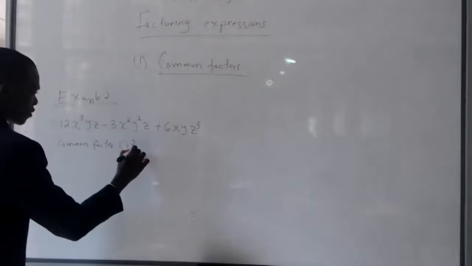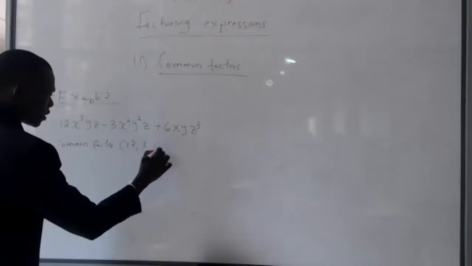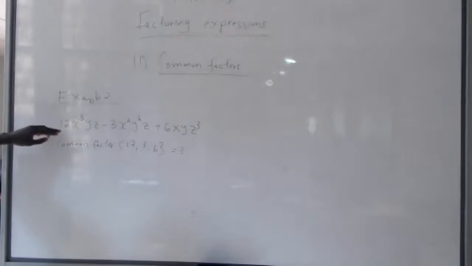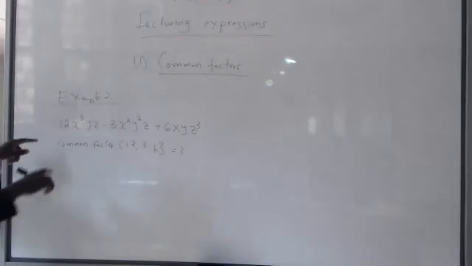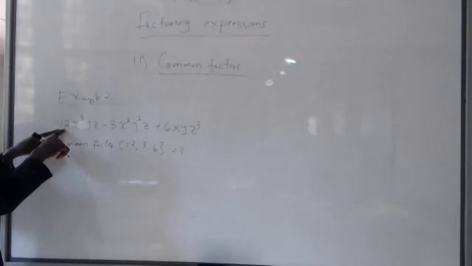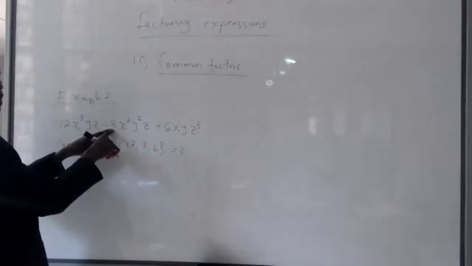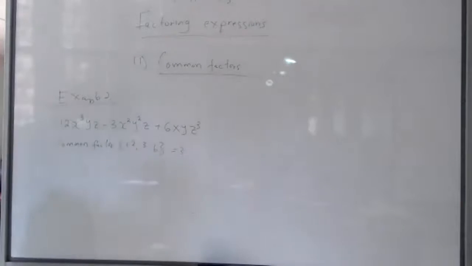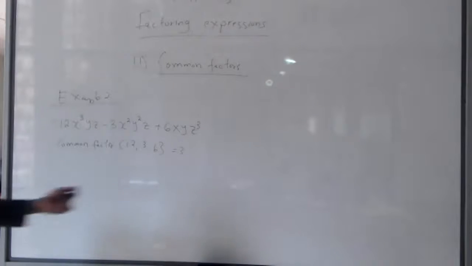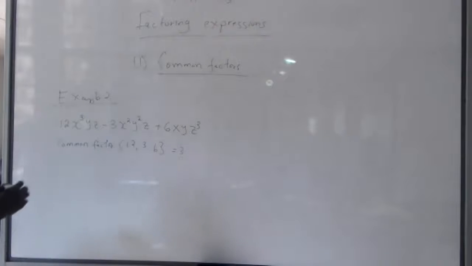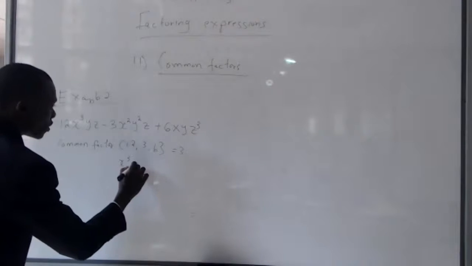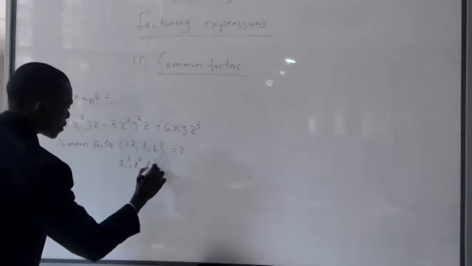for 12, 3, and 6 is just 3. Factors of 12 are 1, 2, 3, 4, 6, and 12. Factors of 3 are 1 and 3. Factors of 6 are 1, 2, 3, and 6. And the greatest common one is 3. Then we move to x cubed, x squared, and x.